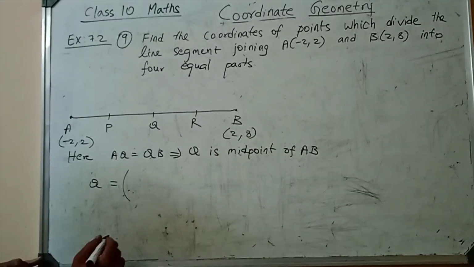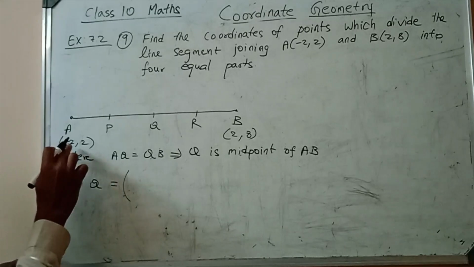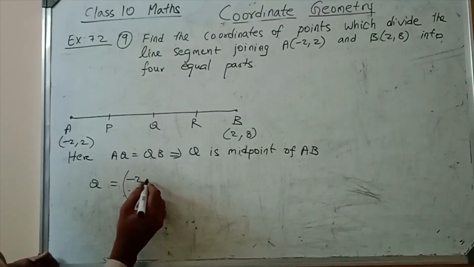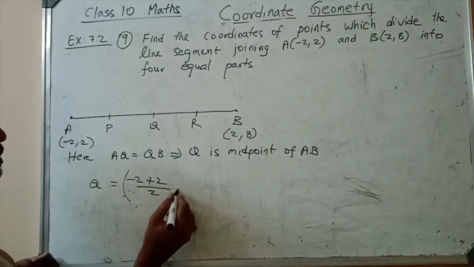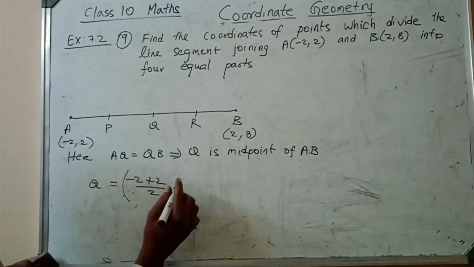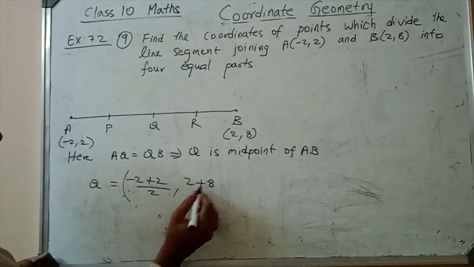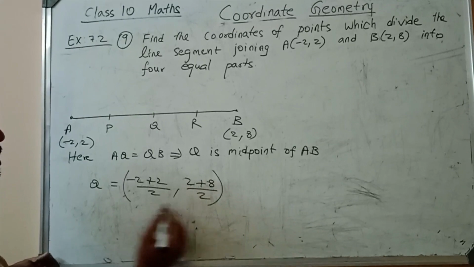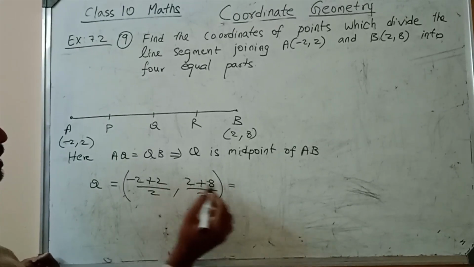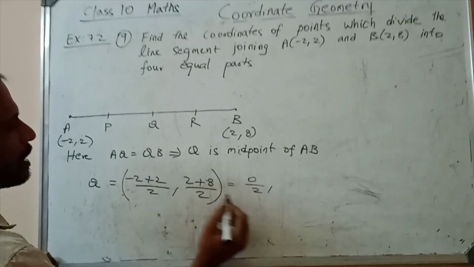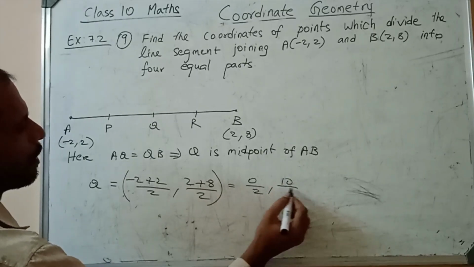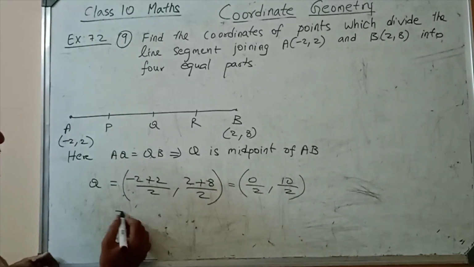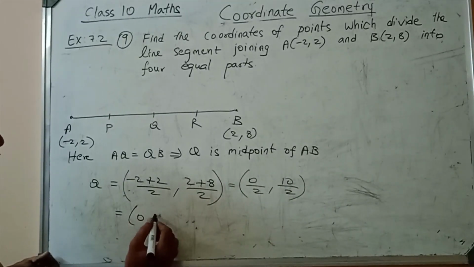So midpoint formula (x1 + x2)/2. So (-2 + 2)/2, comma (2 + 8)/2. So it is equal to -2 plus 2 is 0, and here 2 plus 8 is 10, divided by 2. That implies Q is equal to (0, 5).